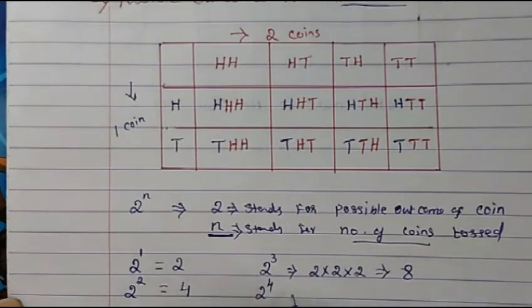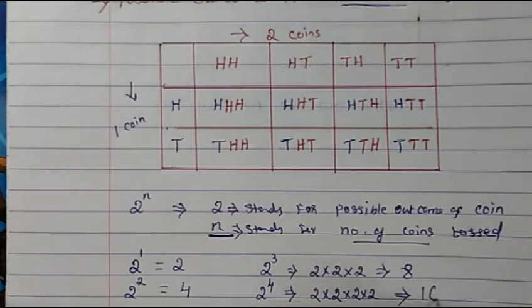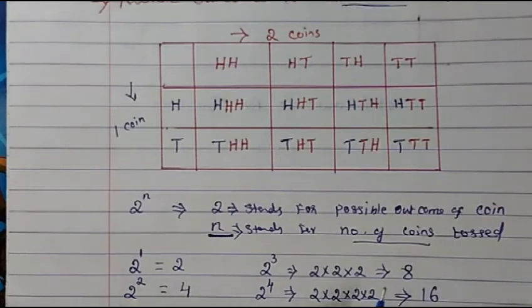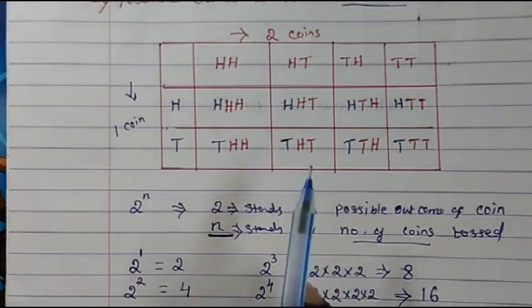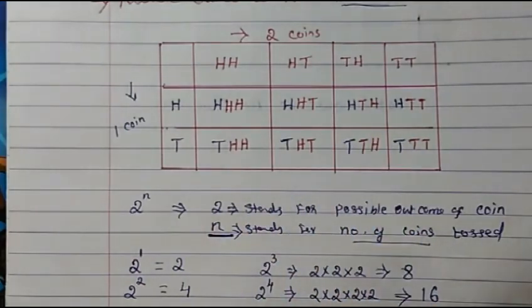In the same way, if it is 4 coins, then 2 into 2 into 2 into 2: 2 2s are 4, 4 2s are 8, 8 2s are 16. That's how you can find it as a shortcut. For objective type, you can find it this way. But if you have to understand the possible outcomes, you can make the table and get them. More than 3 coins, they will not ask you in 10th standard at least.